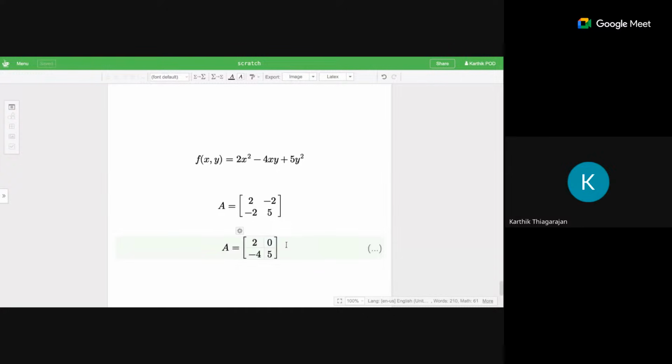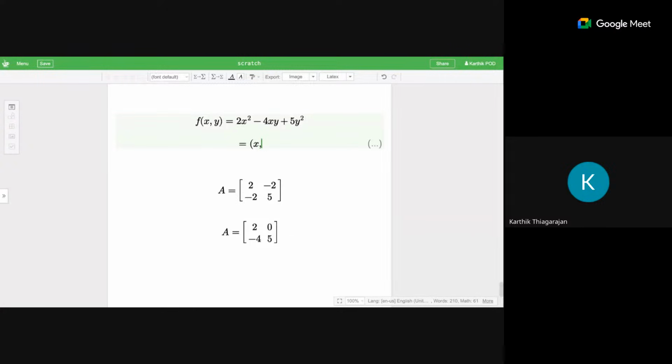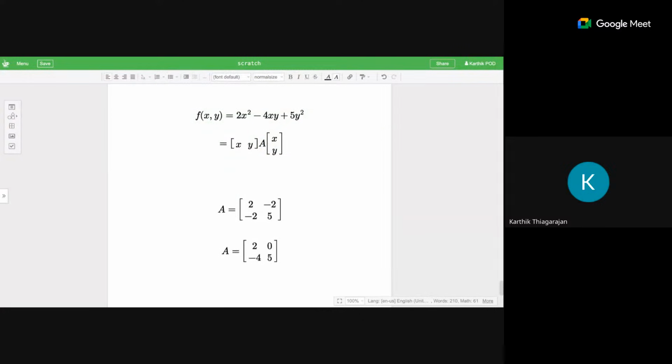Okay, so notice that this is not unique. The A is not unique. If you express this as xy A xy, some A and then column vector xy, this A is not unique. But the moment you say that A is symmetric, it becomes unique. So you are forced to come up with the only symmetric matrix which will give you this quadratic form.